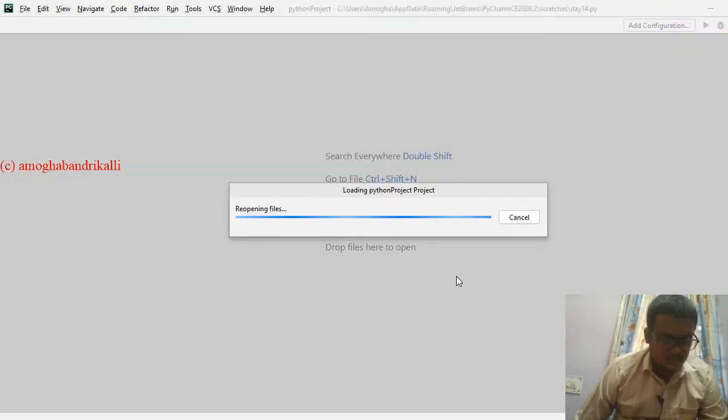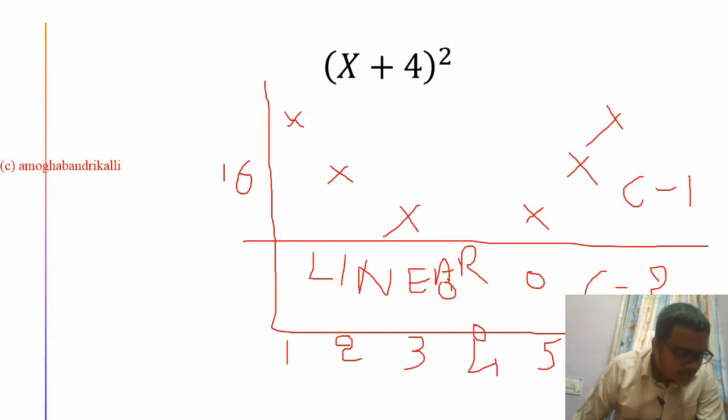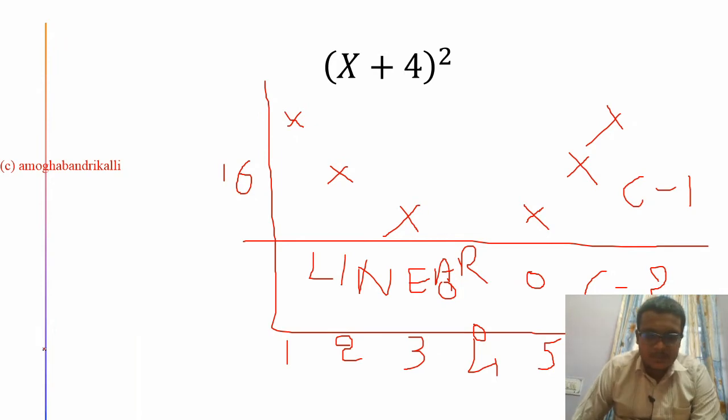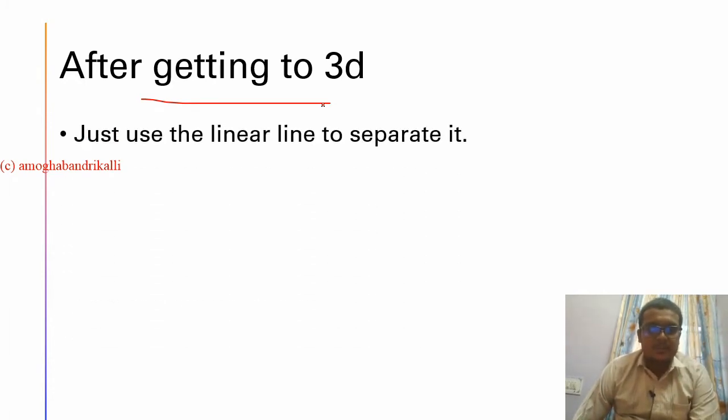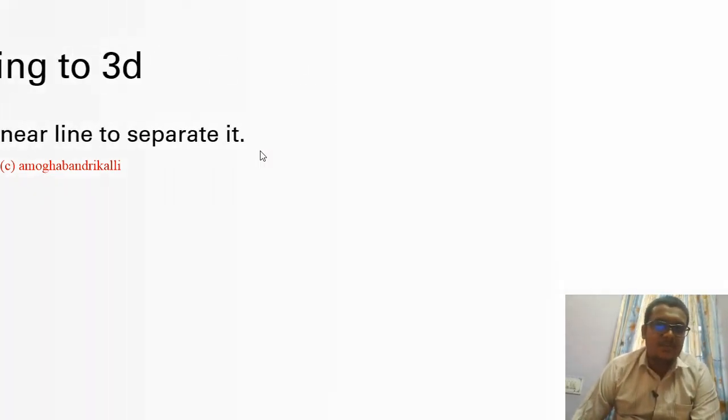It is being indexed, let it get indexed. Let us move further. After getting to 3D, we will have separable data, so we can use just a linear line to separate it.